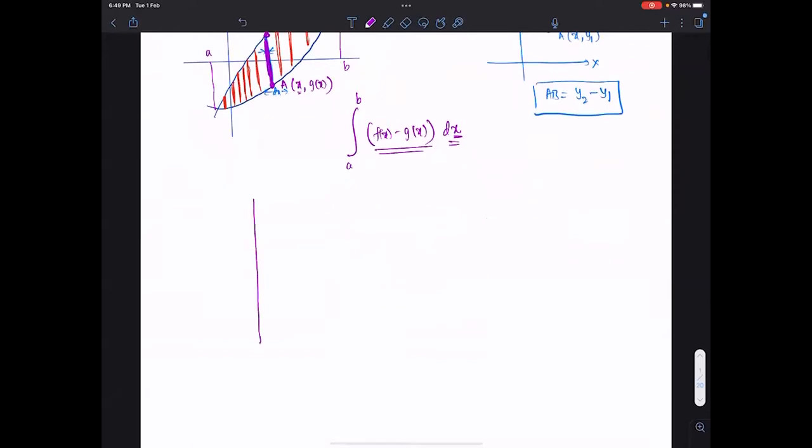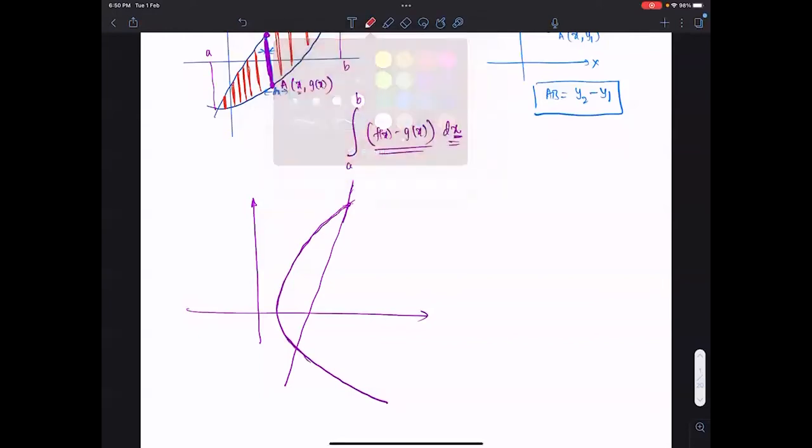Same way, if you have this kind of figure, let's say this, and there is a line which goes like this. Now I want the area bounded by this line and this parabola. If I take vertical strips, then it will look like this. Now the below point I'm calling A, the above point I'm calling B. Both of them will have x and x.